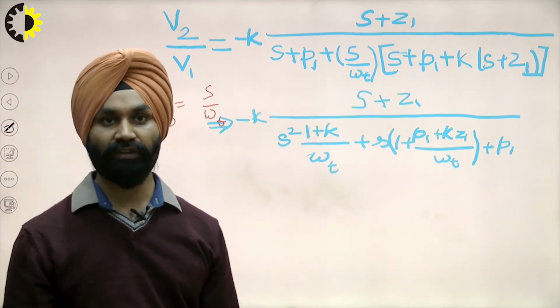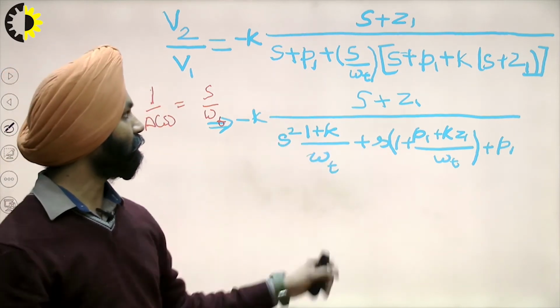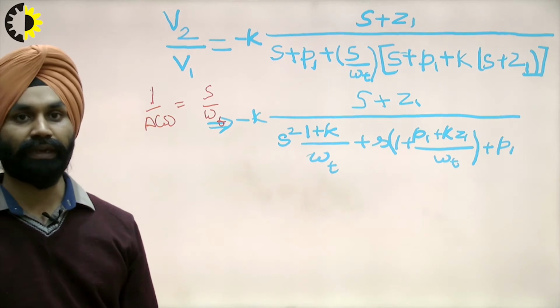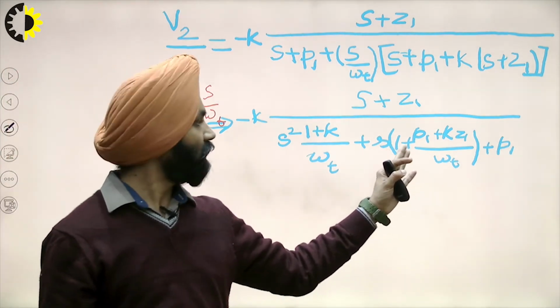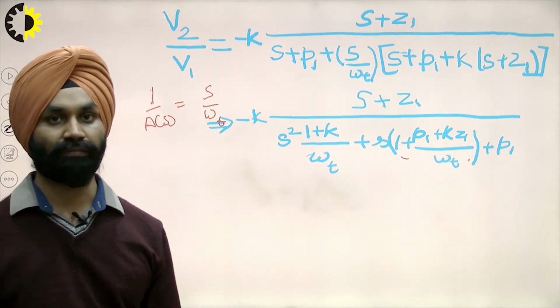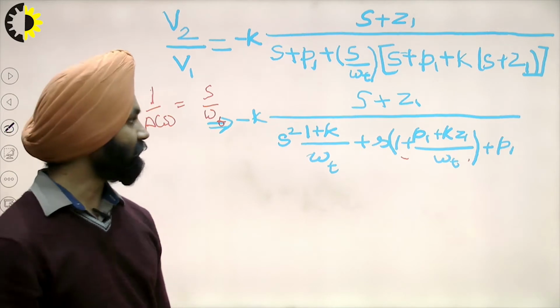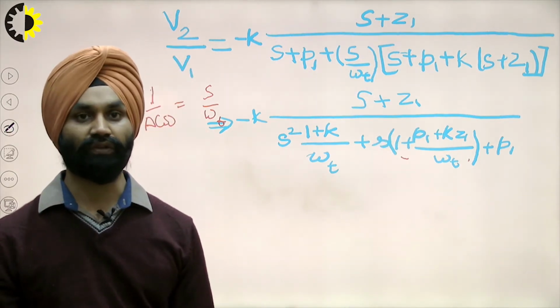Again solving this equation we will get a second order equation, s square plus (1 plus k) upon omega t into the terms of s, that is 1 plus P1 plus k into Z1 upon omega t plus P1. Reminding again, Z1 are the zeros and P1 are the poles of the bilinear transfer function.